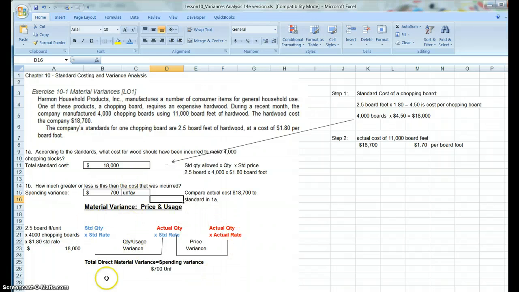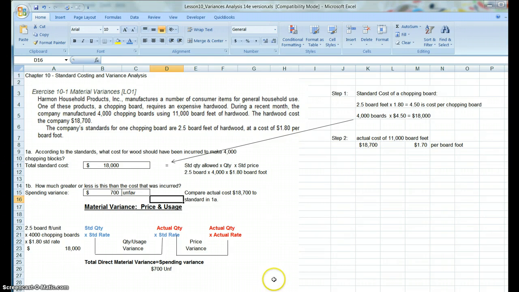If you look at the little diagram below, where I have the standard quantity times the standard rate, and the actual quantity and the actual rate on the opposite side, the total direct material variance, or the spending variance, is the entire difference between the $18,000 and what we actually spent, $18,700.